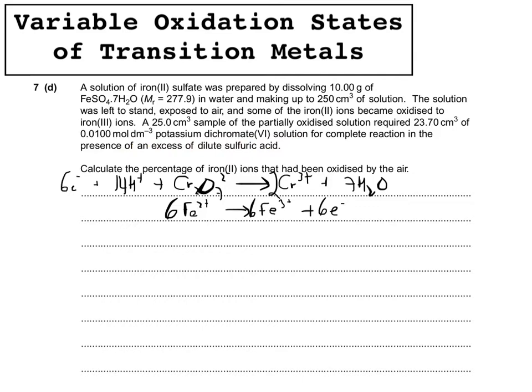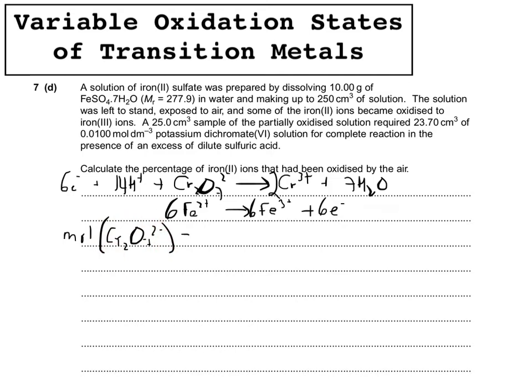So we can work out moles of the dichromate ions, Cr2O7 2-. Whenever you do a question like this, always label your numbers, say what your numbers mean. So that's what I've done here by putting this in brackets.